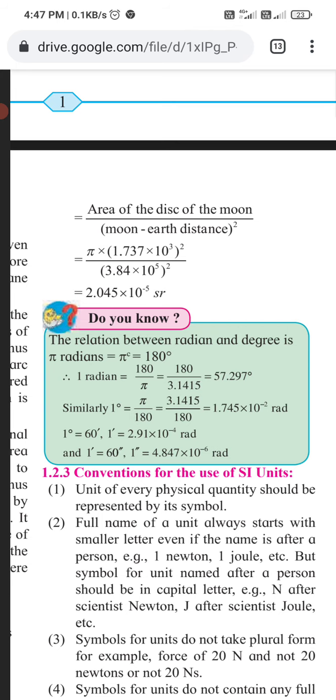First, the unit of every physical quantity should be represented by its symbol.